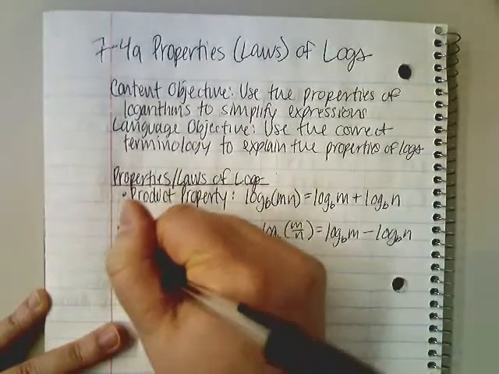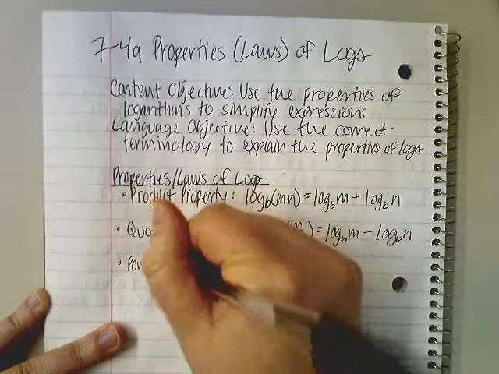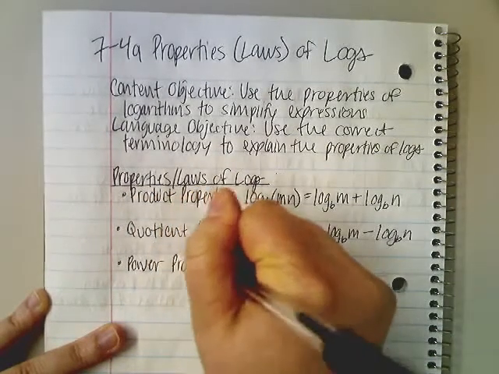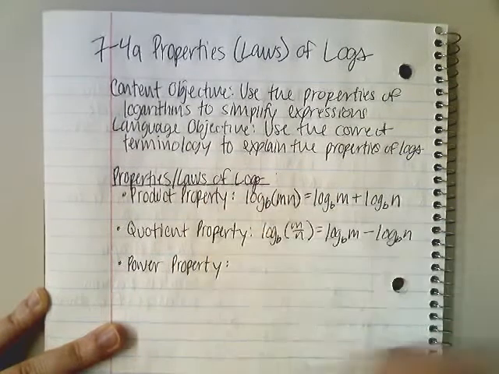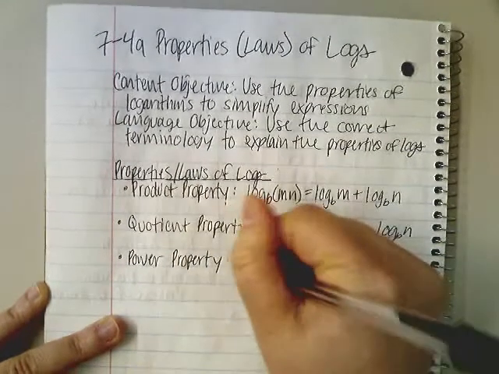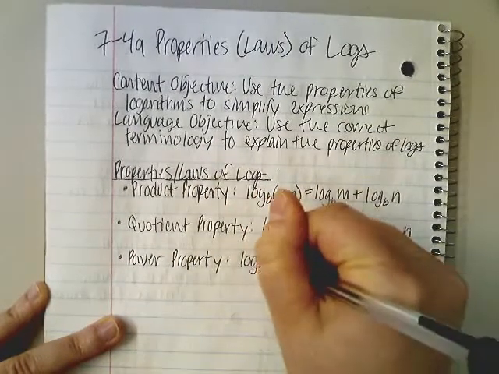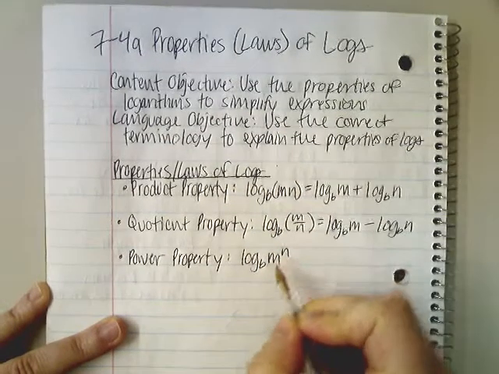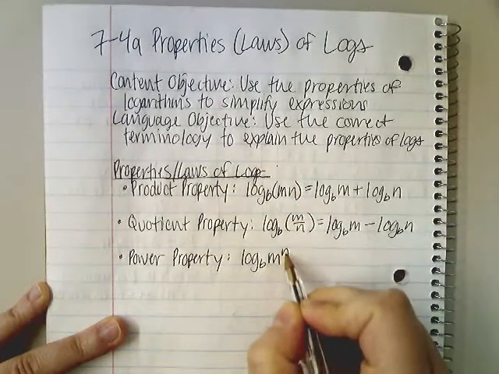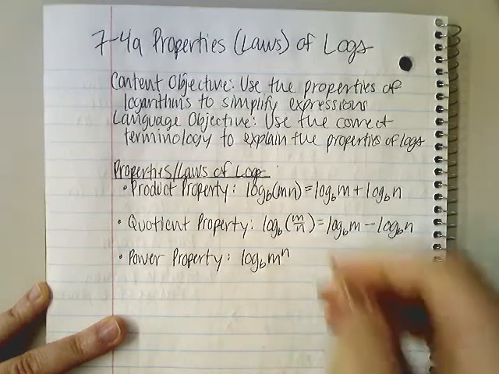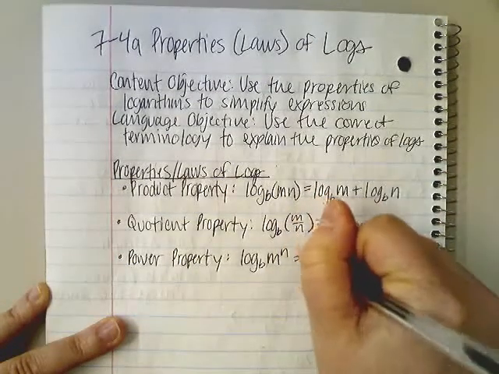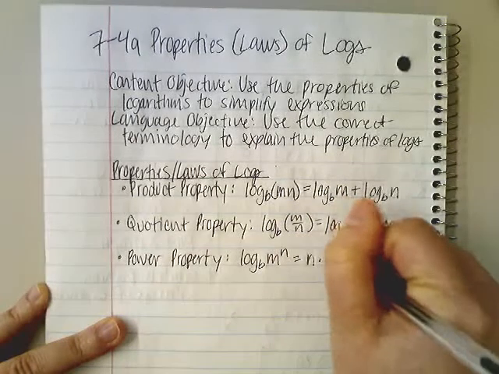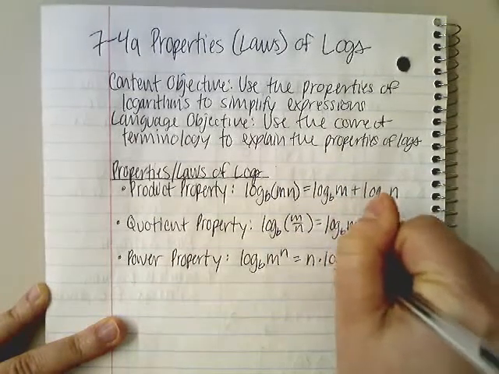And last but not least, this one's going to be super important, the power property. So if you remember from our laws of exponents, if you are raising a power to a power, then you multiply. So similarly here, if I have an argument with an exponent, so the n in this situation is an exponent, so if I have m to the power of n, I can rewrite that as n being multiplied by log base b of m.